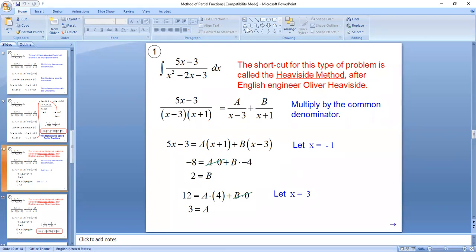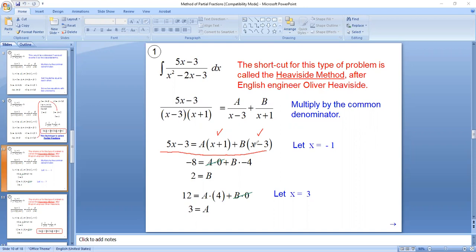Now, your key here is this simplified equation. Looking at the right side, wherein your unknown constants are multiplied to linear factors, you simply inspect what value of x you will place in here. That way, this term will be 0.